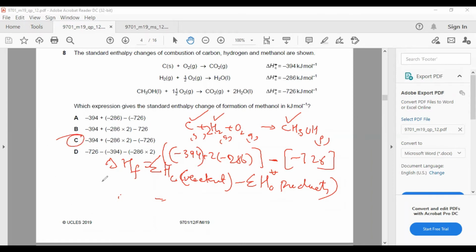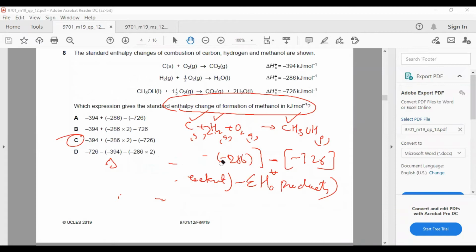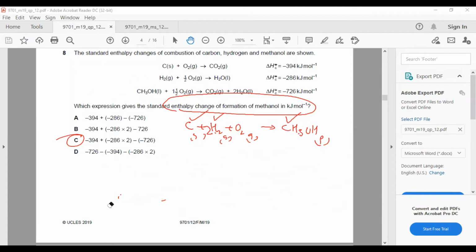So this is the formula when formation is required and you are given combustion values. First, you have to make the equation for what they ask. There is another method also, but this formula method is a shortcut for MCQ. Those of you who don't like the formula method have to make a Hess's law cycle.